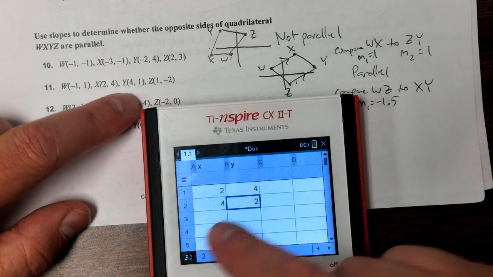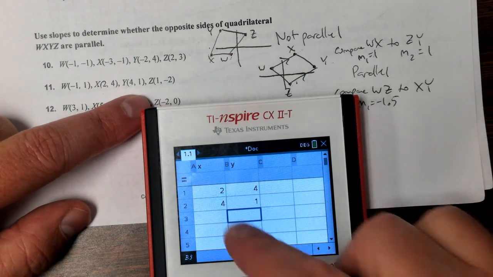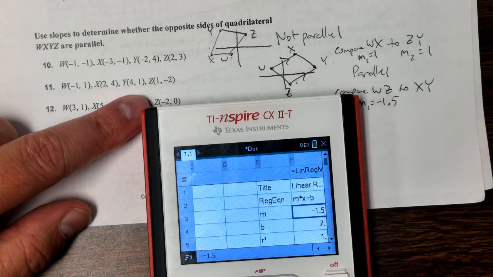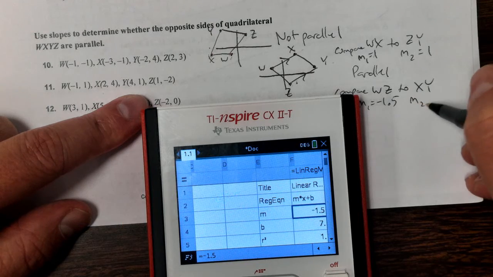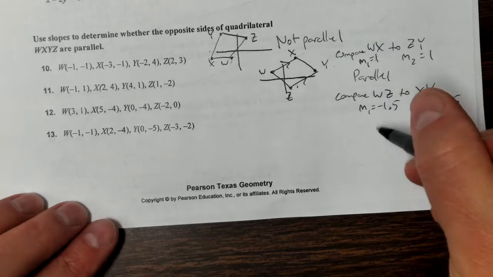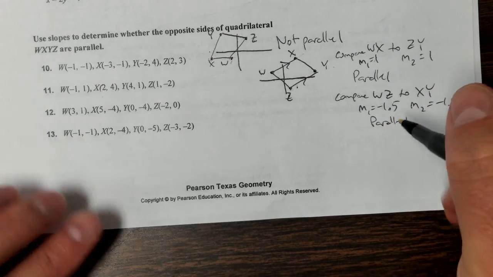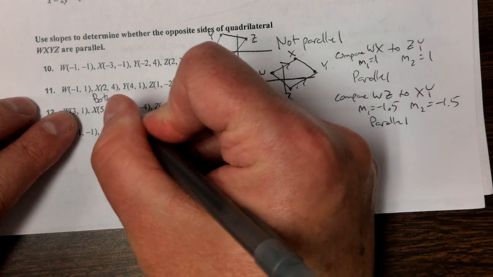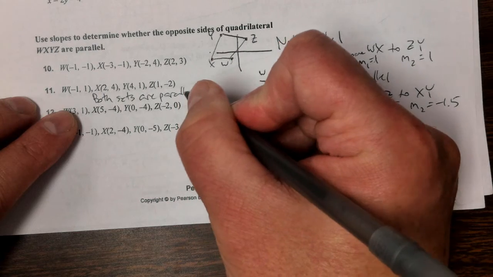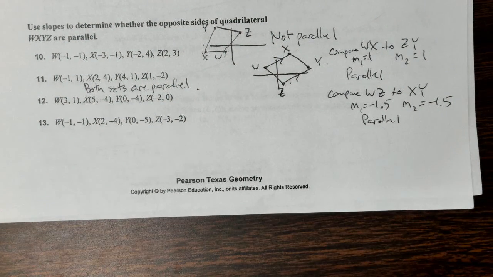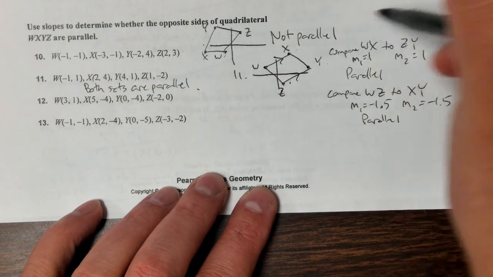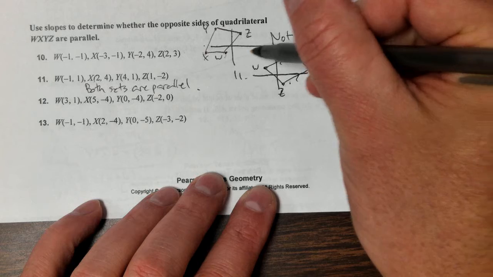So I've got 2, 4, and I've got 4, 1. Yeah, so just make sure your ordered pairs are right. Then come over here and get negative 1.5 again. So since these match, they are parallel also. So both sets of lines are parallel. So that's number 11. And you do those others the same way.